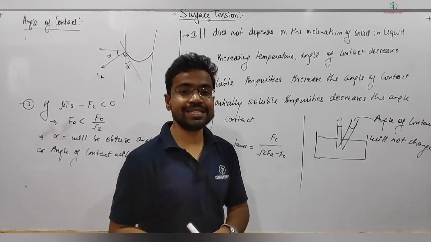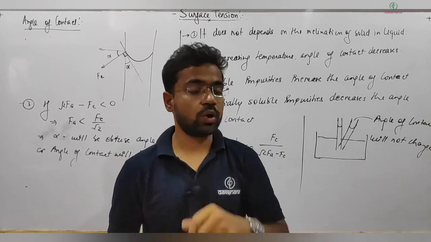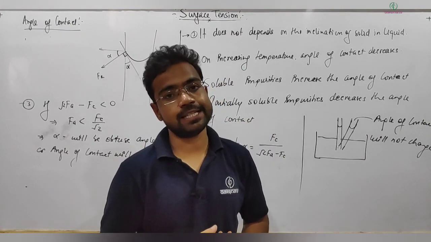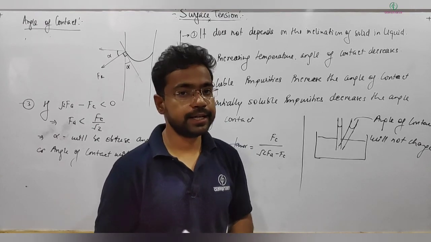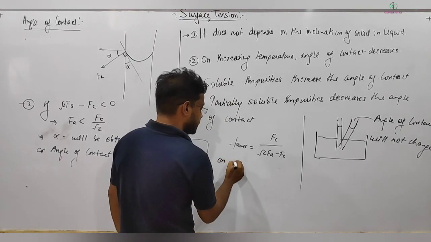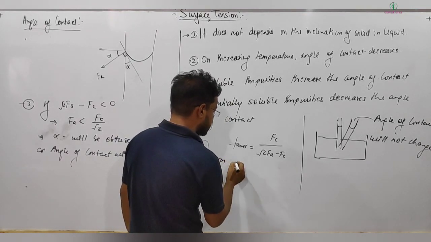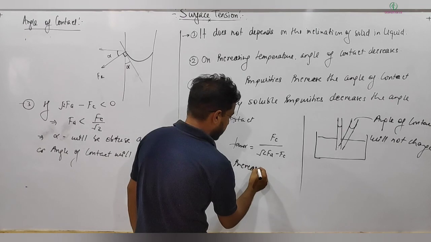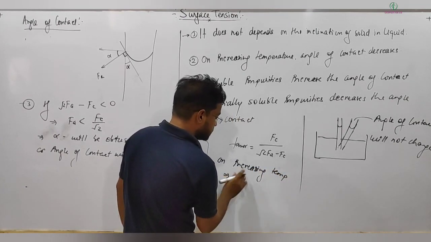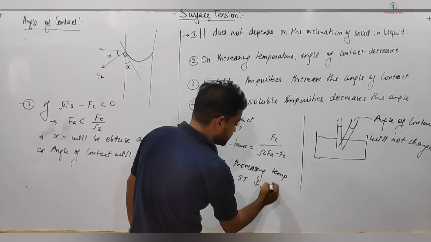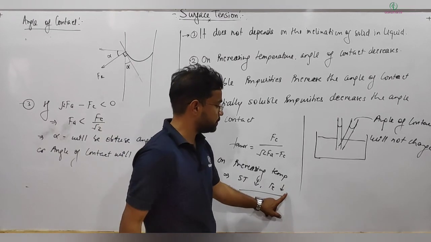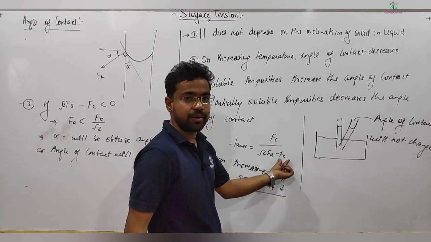When we are increasing the temperature, what happens? Cohesive force decreases, right? Because of that, surface tension also decreases. That must be clear. So on increasing the temperature, surface tension decreases as cohesive force decreases.